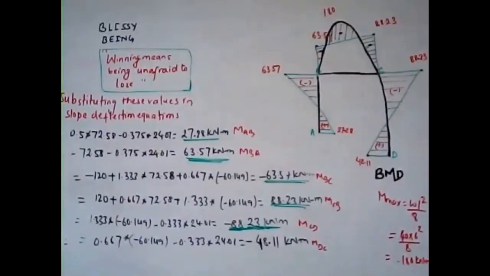The maximum moment in case of UDL is WL square by 8. Solving that, we obtain 180 kilonewton meter as the maximum bending moment. So we located 180 kilonewton meter in the diagram and plotted the diagram as shown in the figure.